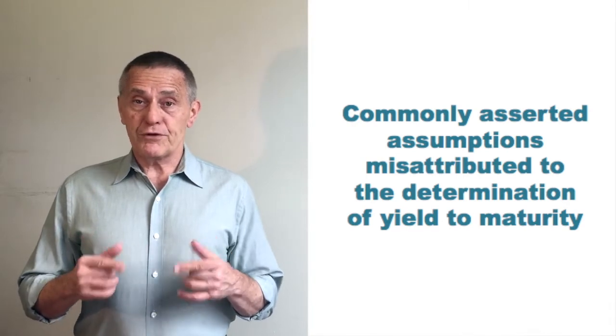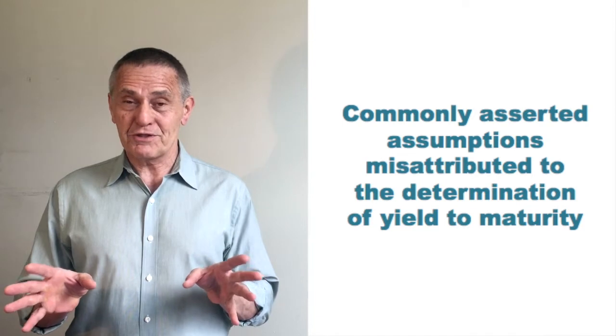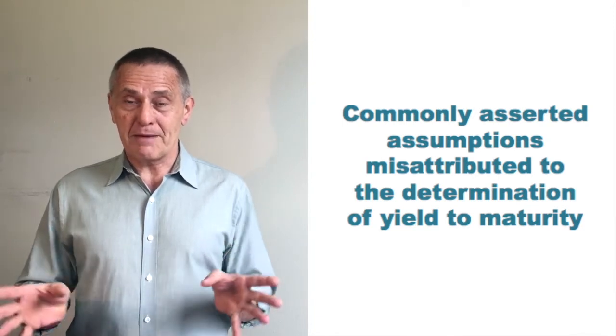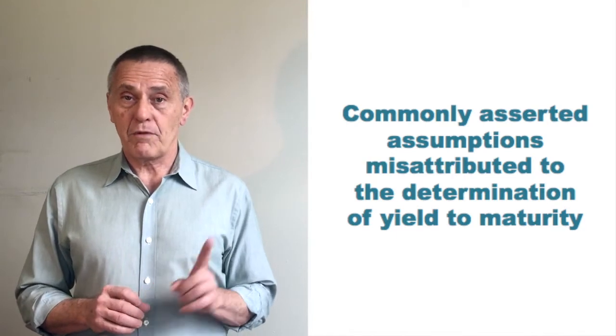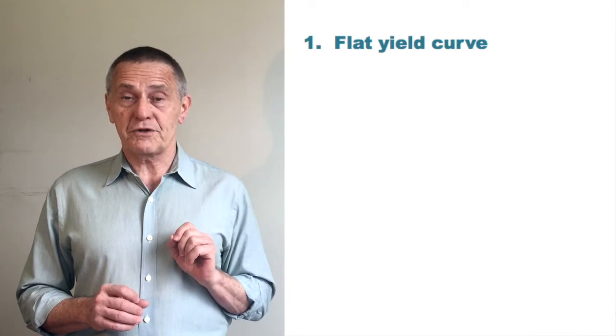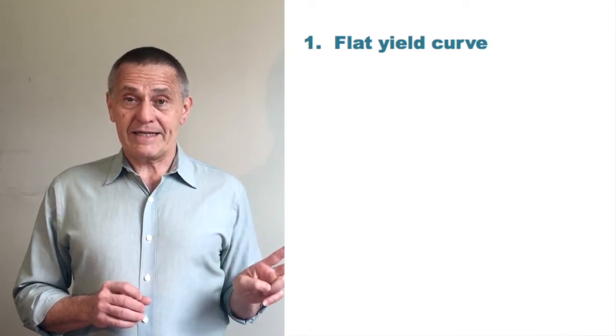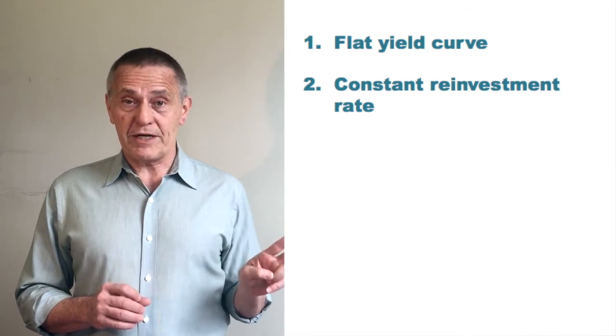But let me first review the commonly asserted and misattributed assumptions that are used in the computation of yield to maturity before we knock them down in turn. So first off, yield to maturity assumes a flat yield curve. Second, yield to maturity assumes a constant reinvestment rate.